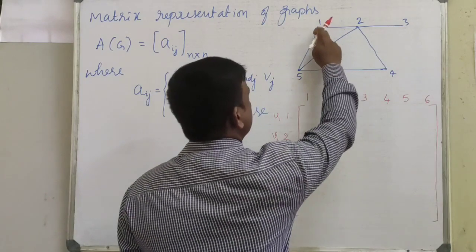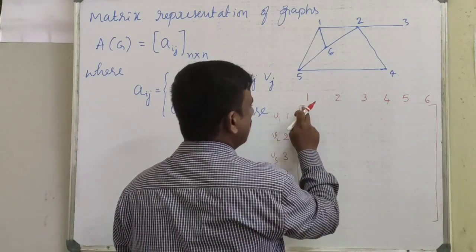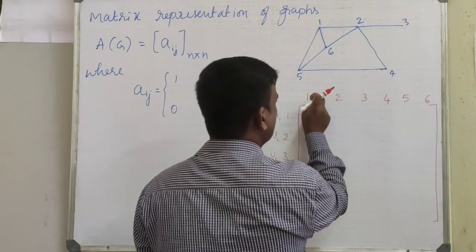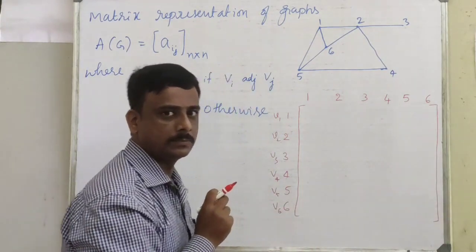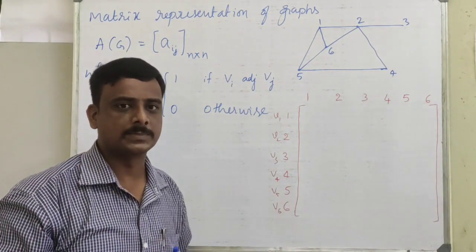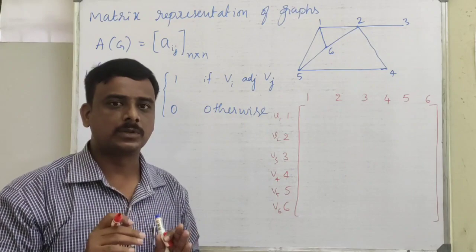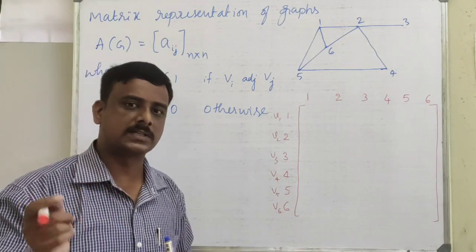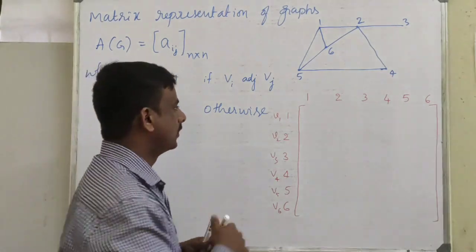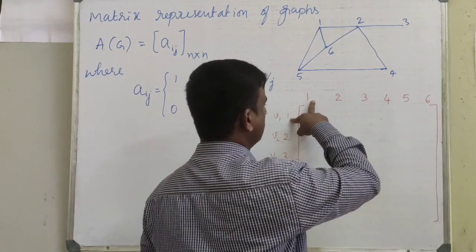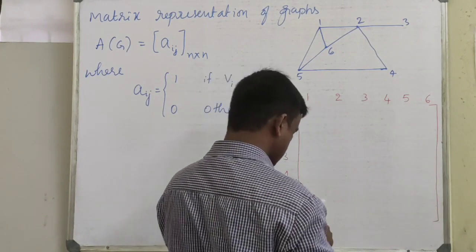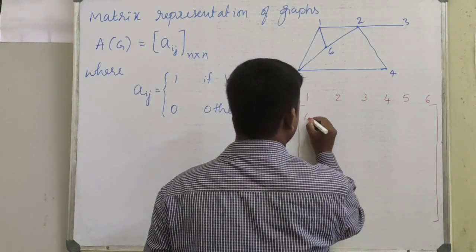Now look into this. 1 is not adjacent to 1 again because we are considering only simple graphs, that is graphs without loops. So no vertex is adjacent to itself. So if you take 1 and 1, these two vertices are not adjacent, so it will be 0 here.